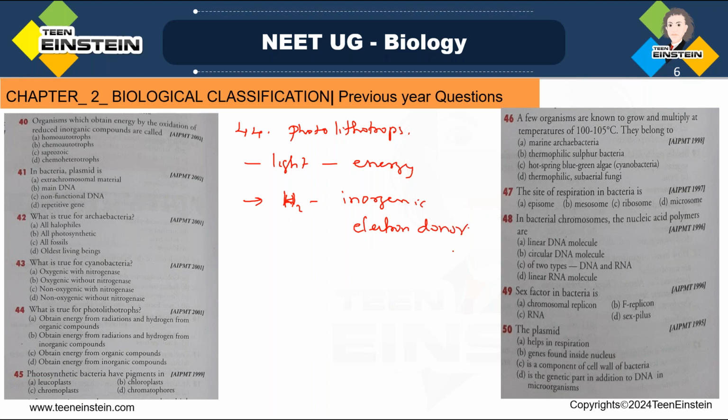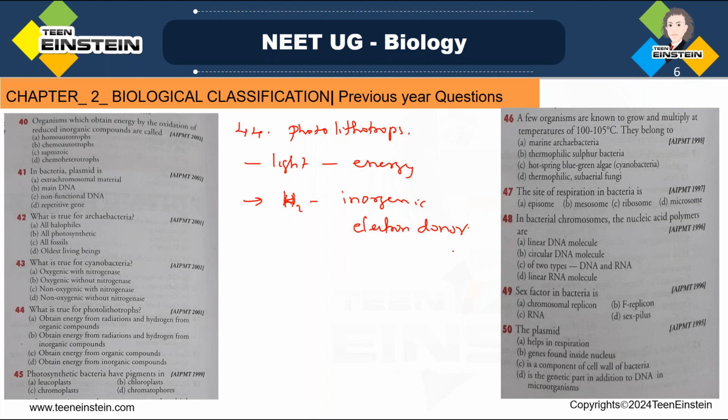The inorganic electron donor may be hydrogen sulfide or something like that, and that will be the source of hydrogen. The hydrogen ions will come from this inorganic electron donor, and light is the source of energy.